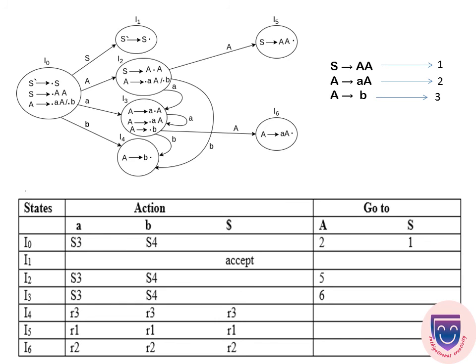And like this for I4 also: I4, I5 and I6 on small b are going to I4. So we write it as S4. That means shift. So I0 on b, I2 on b, I3 on b, we write it as S4.